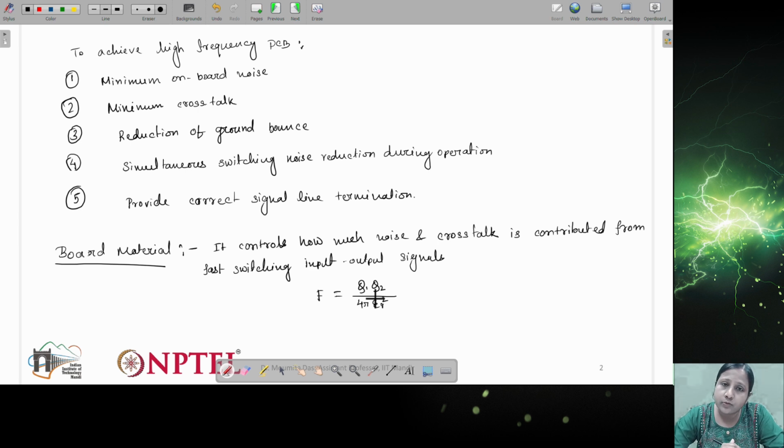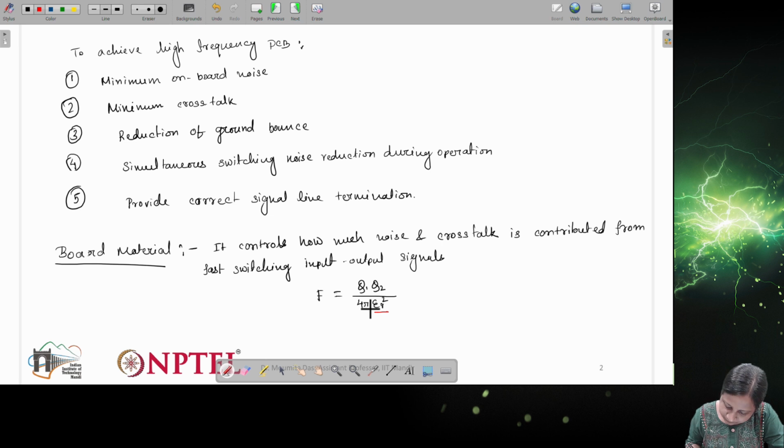And how is this board material going to affect it? You can see here, this is the term known as permittivity. It comes from the board material. If this permittivity is high, then the force will be less. If it is low, then the force will be high.